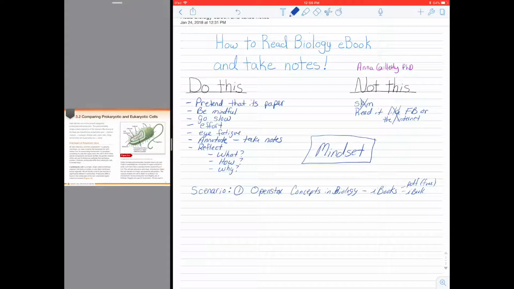I could have done this in Kindle, or I could do this in PDF Viewer or Foxit, or if I was using a publisher's book, I might be using an app that's been put out by the publisher, whether it's McGraw-Hill or Pearson, or Wiley or one of the others, okay?